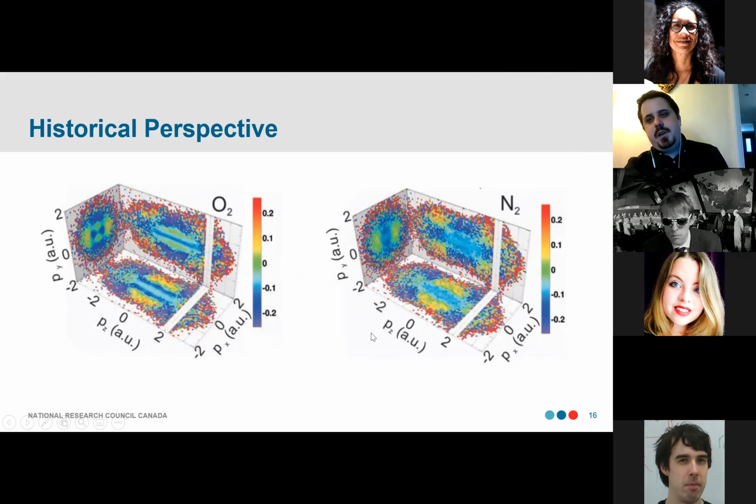And when you do the theory and look at the contribution from the HOMO, in each case you see that the symmetries are very similar, and it looks like a very good representation of the HOMO.